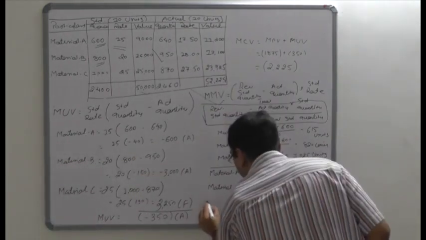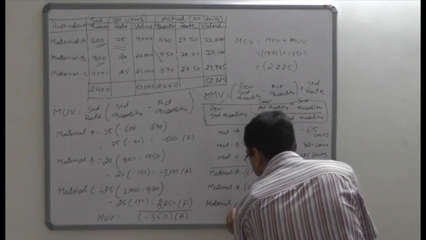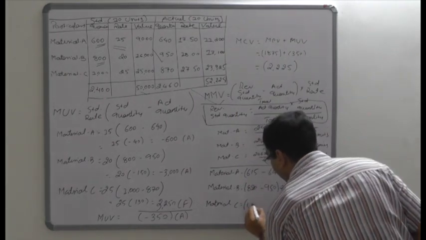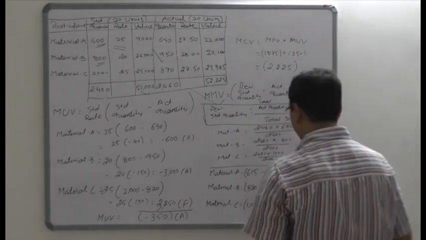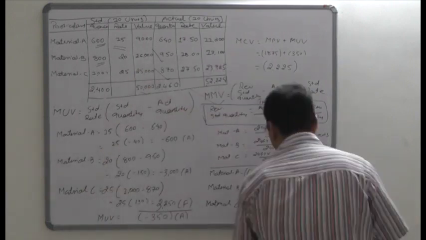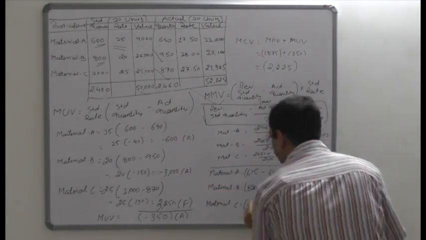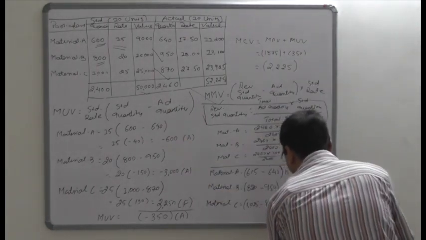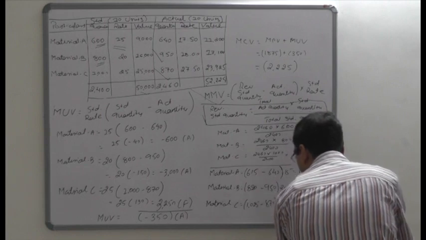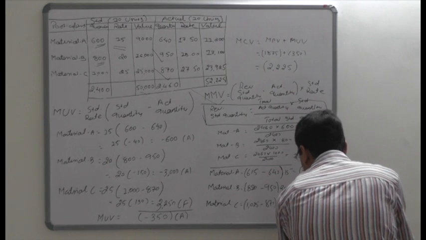Now in case of material C, revised standard quantity is 1025, minus your actual quantity incurred, 870, and the standard rate is 25. That means it is around 155 multiplied by 25.